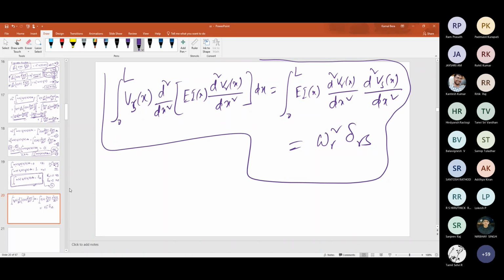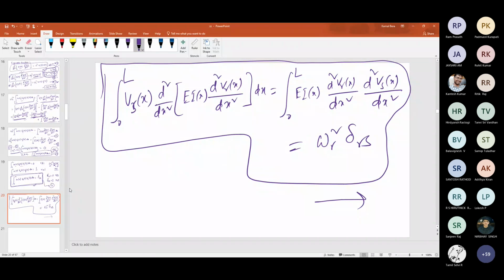Another orthogonality, equation number 8. So 7 and 8 are the two orthogonality relations.